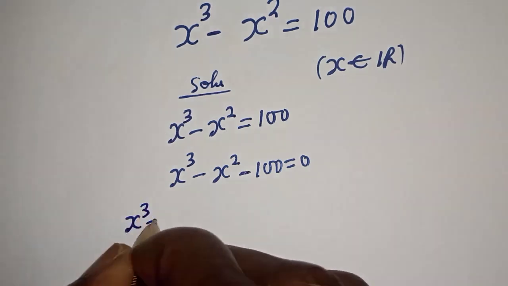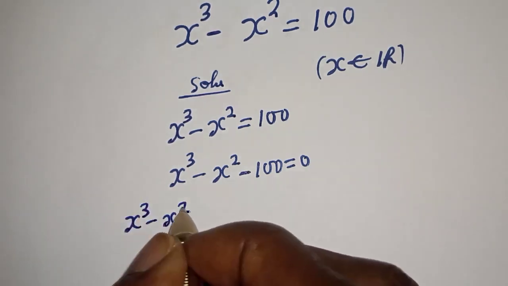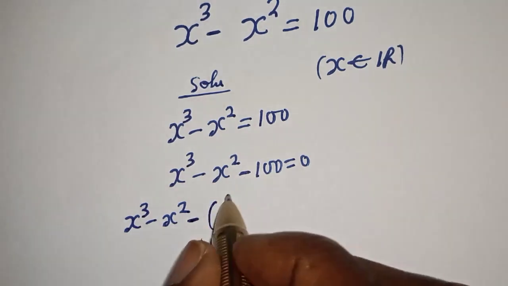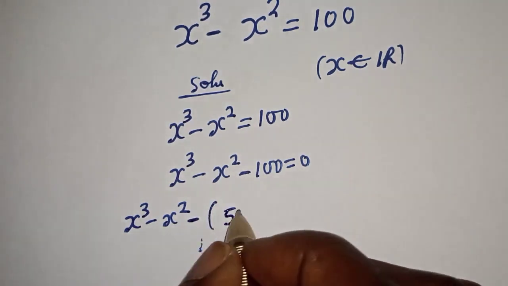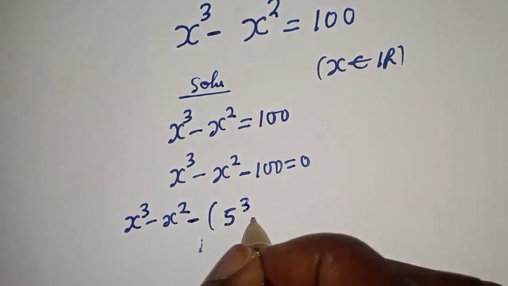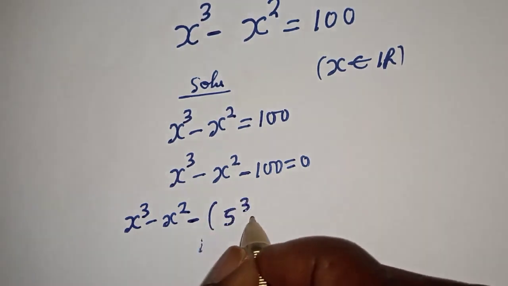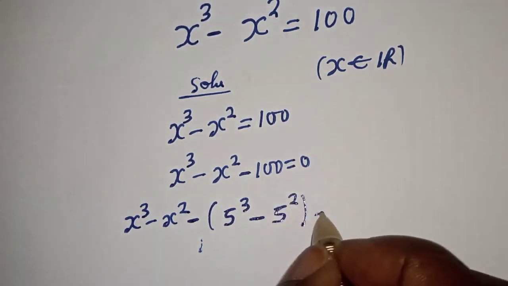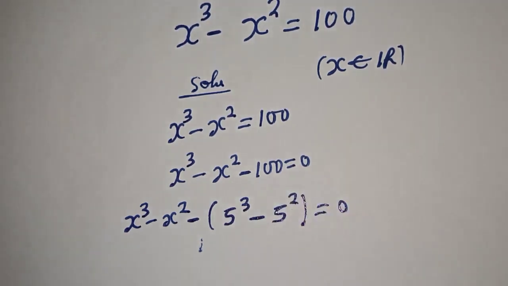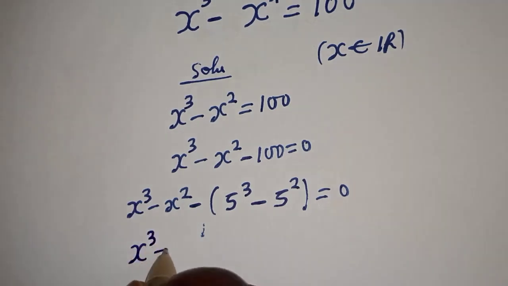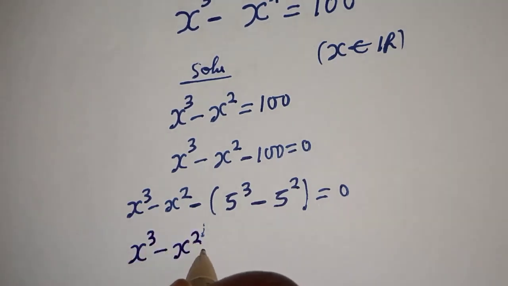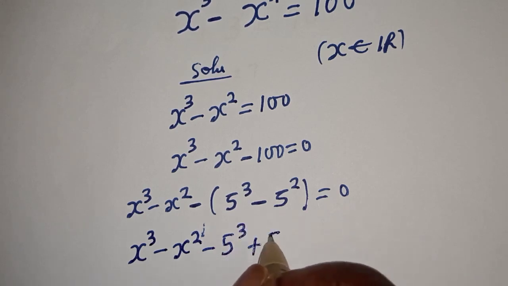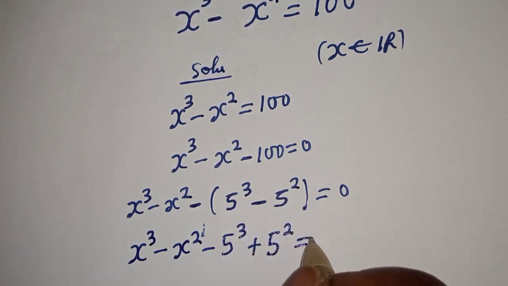s raised to power 3 minus s squared minus 100 can be written as s raised to power 3 minus s squared minus 5 raised to power 3 plus 5 squared is equal to 0.